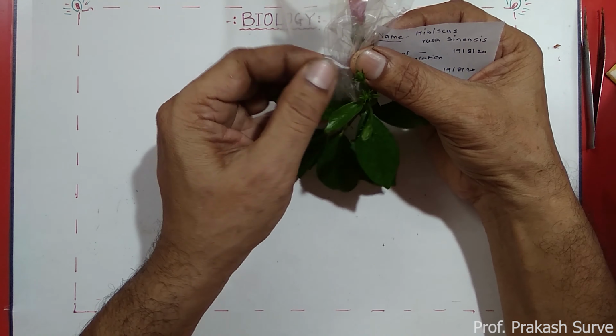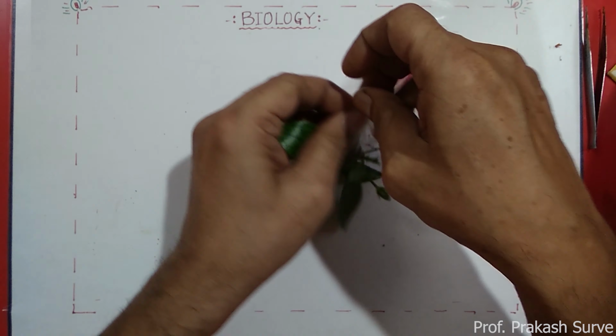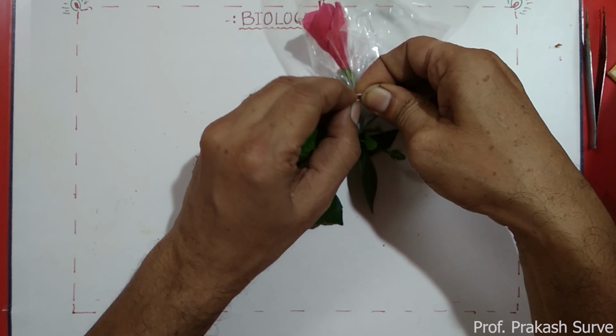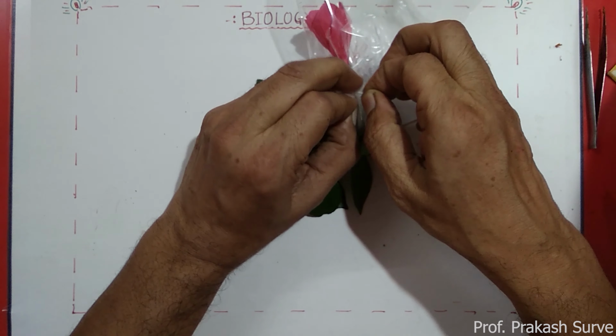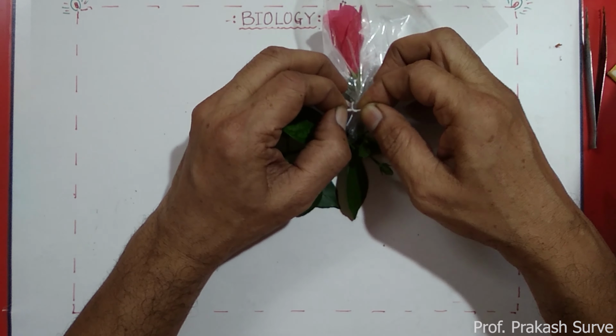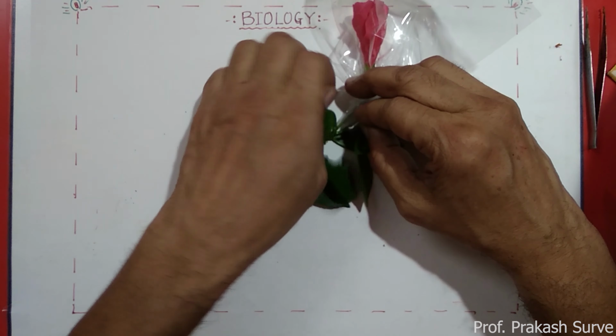Okay, then you have to write all the 3 steps. You have to write all the 3 steps, that is emasculation, bagging and tagging. So all the 3 steps are covered in this. So that's why all the 3 steps you have to mention.